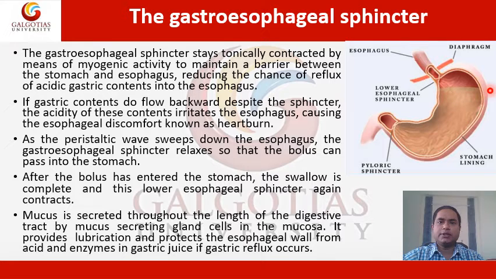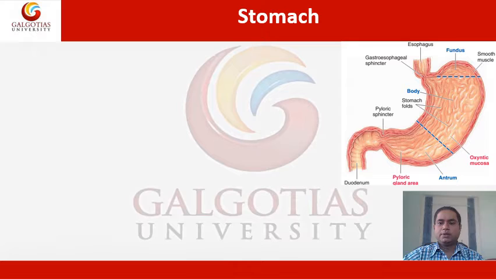Mucus is secreted throughout the length of the digestive tract by the mucus-secreting gland cells in the mucosa. It provides lubrication and protection to the esophageal wall from the acid and enzymes in the gastric juice if gastric reflux occurs.